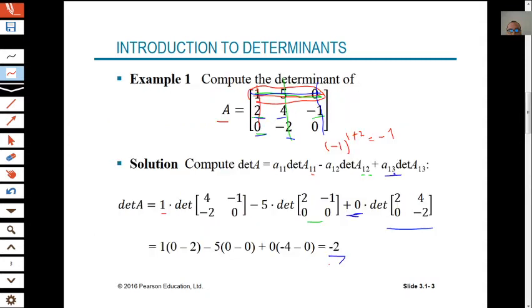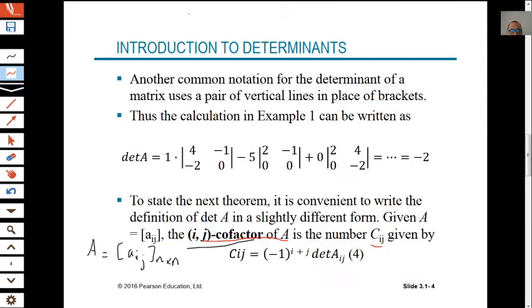Okay, namely, if you remember the formula for the determinant of a matrix given here, the determinant of A is equal to the sum from j equals 1 to n of minus 1 to the power 1 plus j, a1j, determinant A1j.